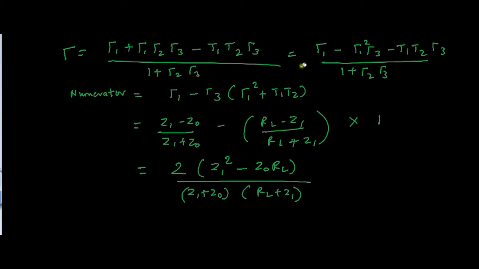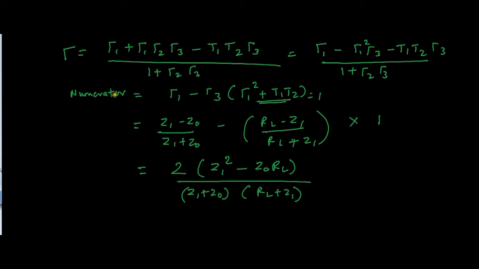So let's just concentrate on the numerator. The numerator will be reflection coefficient 1 minus reflection coefficient 3, and in the bracket you can give reflection coefficient 1 square plus t1 t2. So I have calculated this value, so this will be equal to 1, what is there in the bracket, round bracket. So then we'll end up with only reflection coefficient 1 minus reflection coefficient 3.